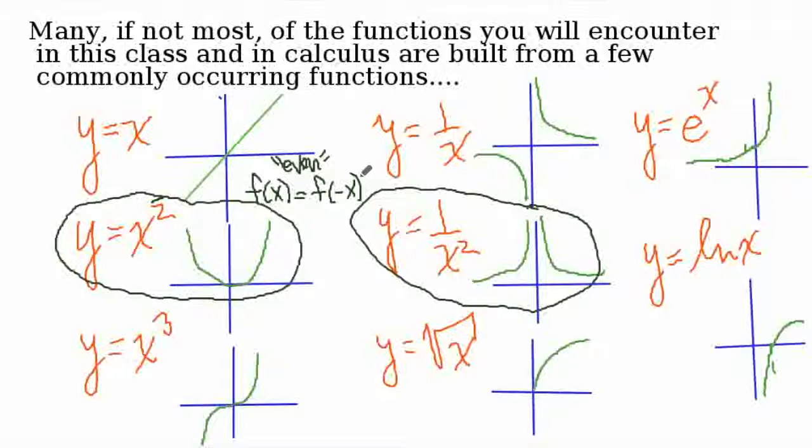Now, odd is a little weirder, but there's still a pattern there. Let me just first of all give you the algebra explanation. The algebra explanation is that if I plug in the negative of some value, that gives the opposite sign of the original value.